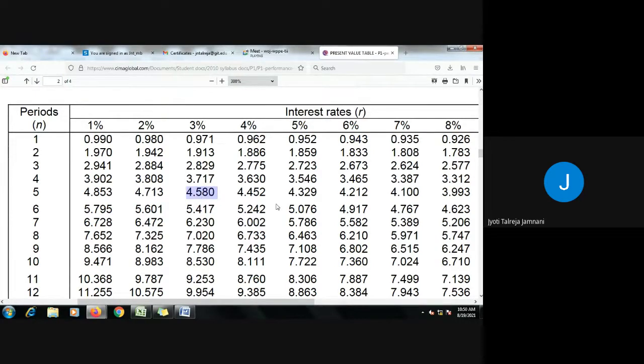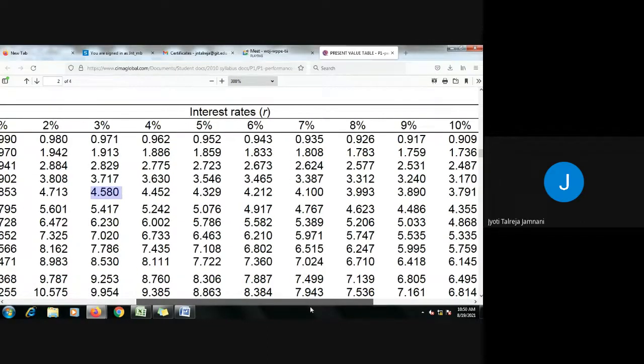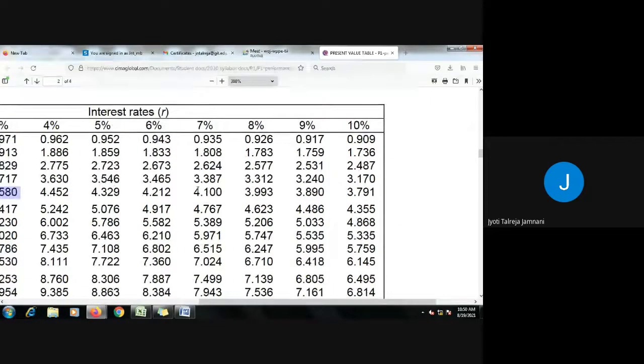If I go on checking, you can see here I have 4.100 and then 3.993. Exactly 4, am I getting anywhere? No. But if I round it off, 4.100 is also 4 and 3.993, if you round it off, is also 4, correct?